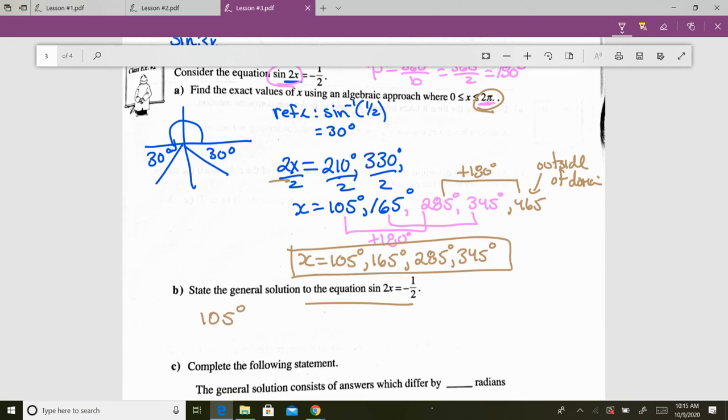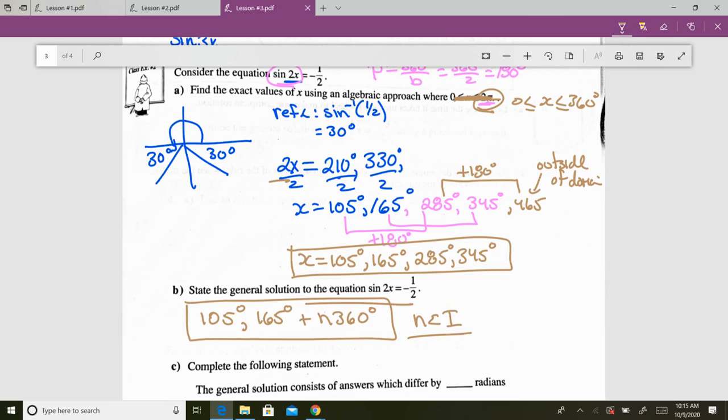You technically only need the first 2 because we've already added multiples of the period to get the second 2. And you go plus, and we're just going to do this all in degrees just because we've already started, plus n times 360. And that will give you every single answer. You should technically say n is any integer.